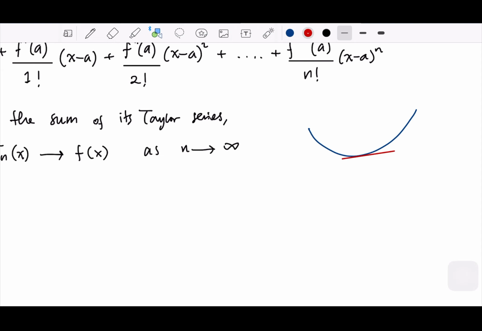It seems that it's the same line. But if we take the points too far, we see the gap, right?